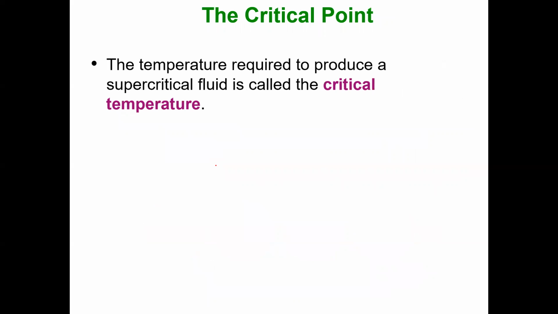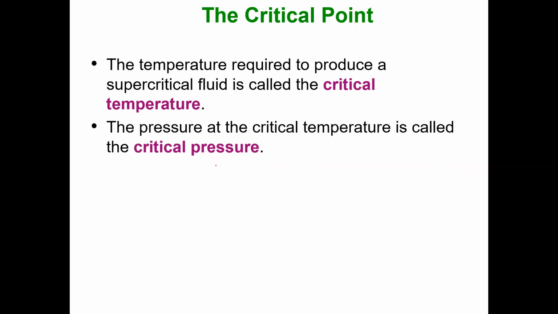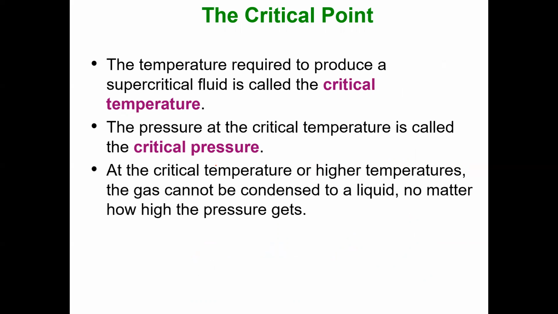Now, the critical point, which we discussed on that phase diagram, is the temperature required to produce that supercritical fluid. The pressure would be called the critical pressure. At the critical temperature or higher temperatures, the gas can't be condensed anymore. So at that point you will just have the supercritical fluid.